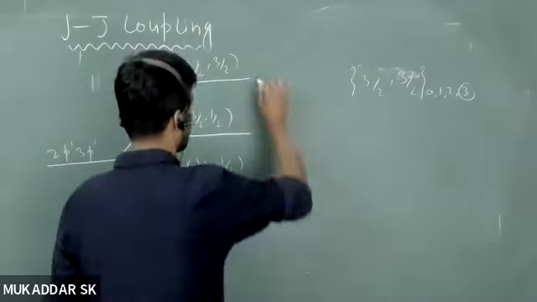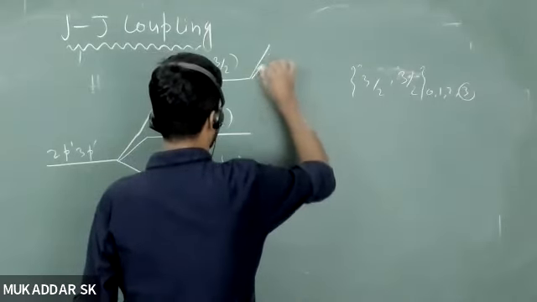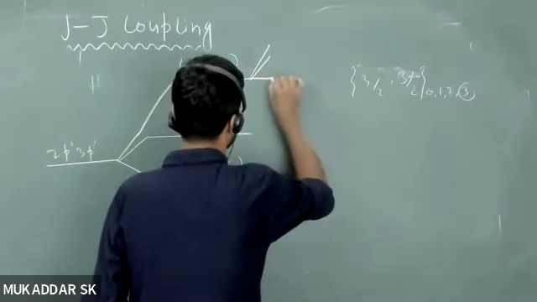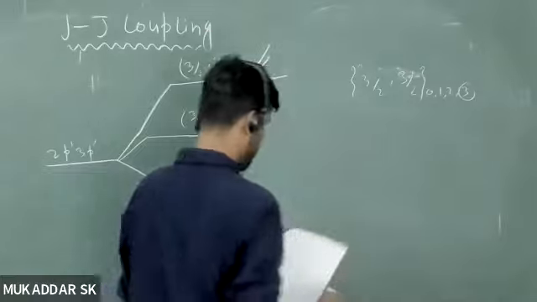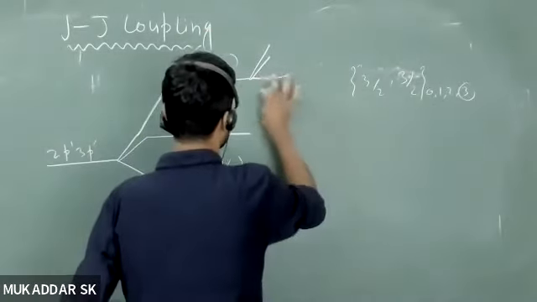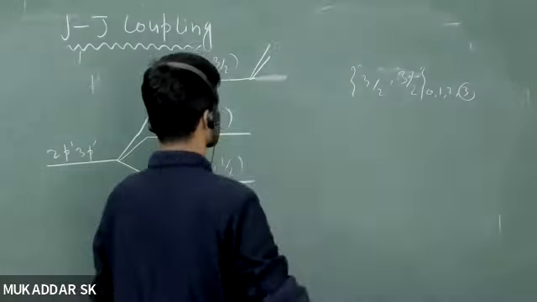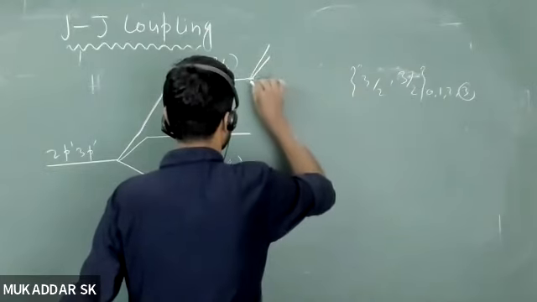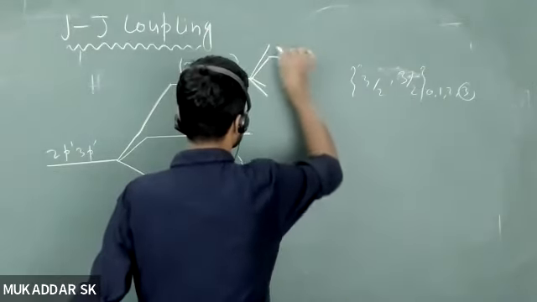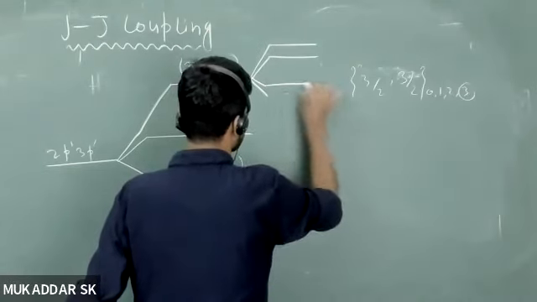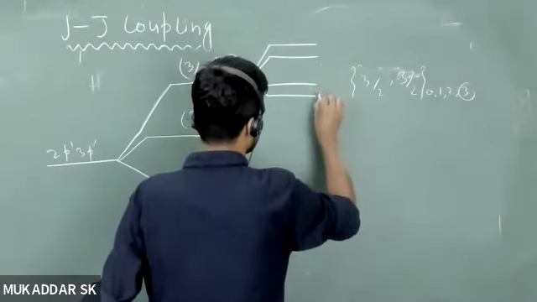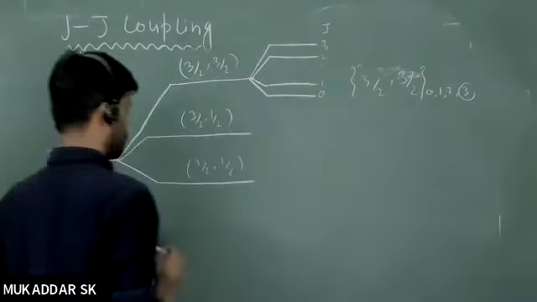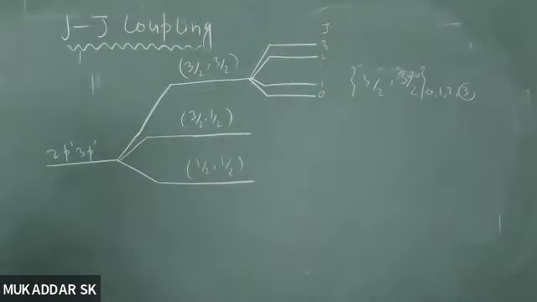After that, they break further, right? 0, 1, 2, 3. So I have to draw like this. So this will be J equals 0, 1, 2, 3. So this is the J value. Can you hear me?